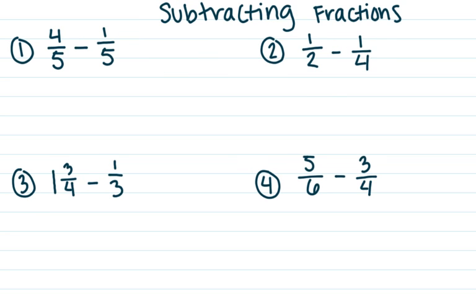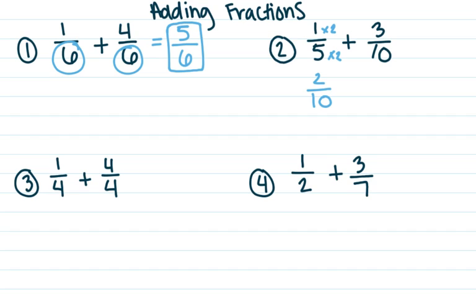Now I have matching denominators, so I can add these two fractions together. I have 2 + 3, which is 5, and the size of the piece is now 1/10. What's really crazy about 5/10 is it is not in lowest terms. It is not a simplified fraction, and we have to simplify our fractions.